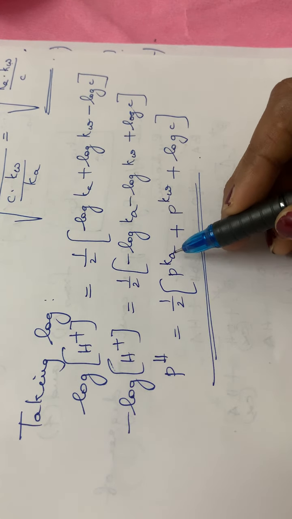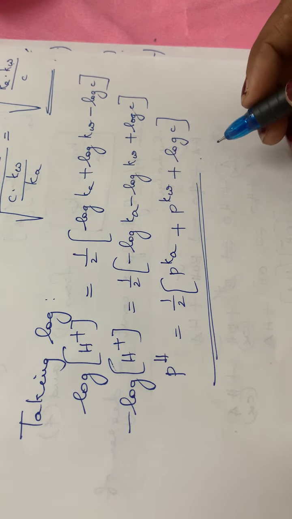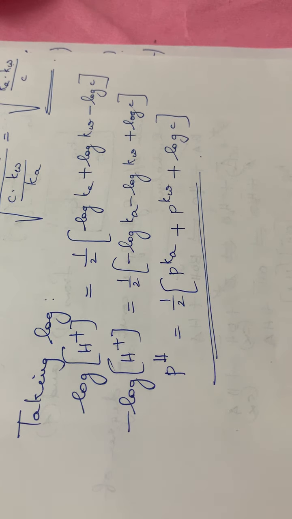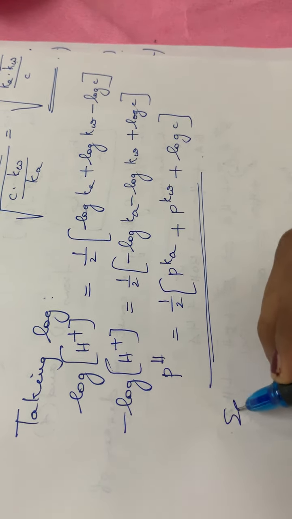So pH is equal to half into pKa plus pKw plus log C. So the resulting solution will be an alkaline solution. Okay. So this formula is also very important. You have to study this formula also.